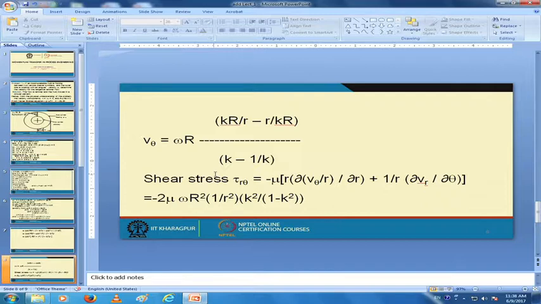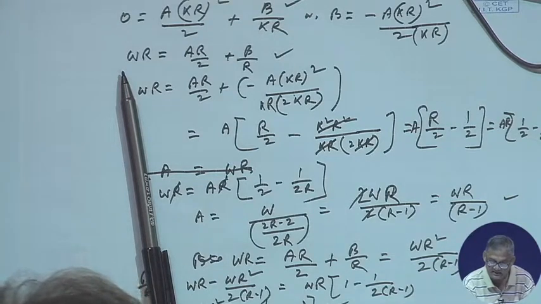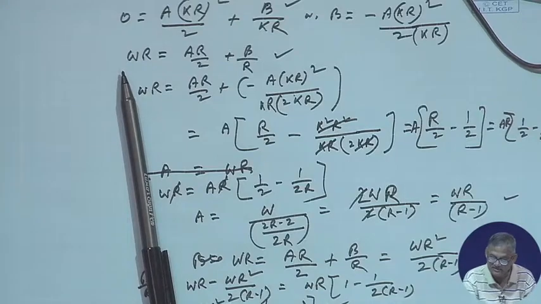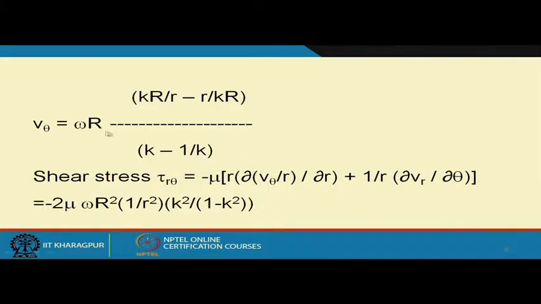V theta is omega R into kR by r over R minus kR by k minus 1 by k, and of course, in all the cases we have missed that 1 by k. Yes, we have missed that 1 by k in these cases. So, this is the ultimate solution.